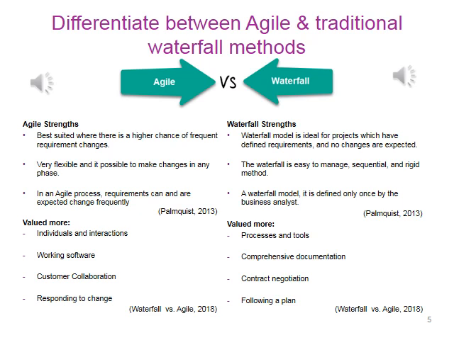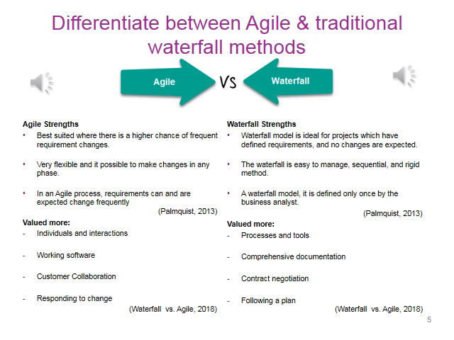Another set of key identifiers when understanding the differences between the traditional and Agile project management methods includes how Agile project management values individuals and interactions more than processes and tools, which are more important on the waterfall side. Next, working software is valued more on the Agile project management side as opposed to comprehensive documentation asked for on the waterfall side.